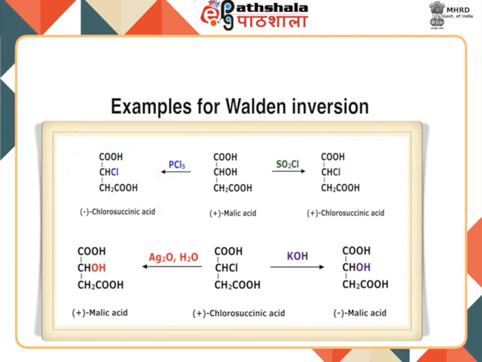Similarly, when we start from (+) chlorosuccinic acid and do the reaction with KOH, we are getting (-) malic acid. There is inversion happening, and when it is reacted with silver oxide in the presence of aqueous medium, then we are getting (+) malic acid. Phillips and co-workers reported the prediction of the exact position of inversion.